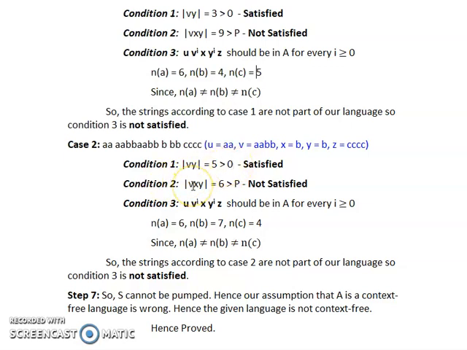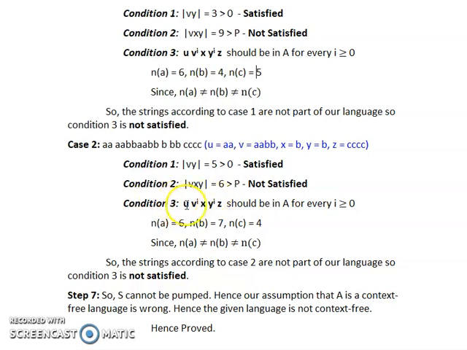The second condition is the length of vxy, 4 plus 1 plus 1. That means 6. 6 is greater than p because p was assumed to be 4 and it should be less than or equal to p. That's why our condition number 2 is not satisfied for this particular case also.